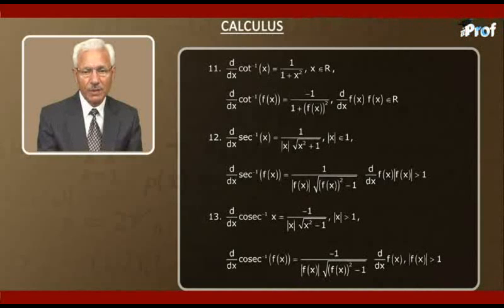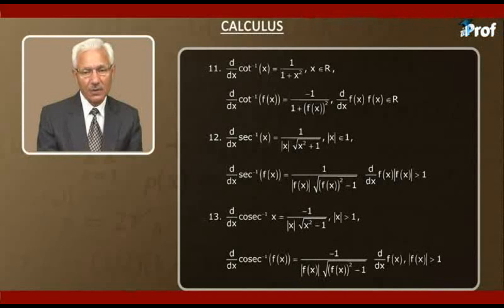This shows d by dx of sec inverse f(x) is equal to 1 upon modulus of f(x) into square root of f(x) square minus 1 into d by dx of f(x) whenever modulus of f(x) is greater than 1. 13th, d by dx of cosec inverse x is similarly minus 1 upon mod of x into square root of x square minus 1 whenever mod x is greater than 1.